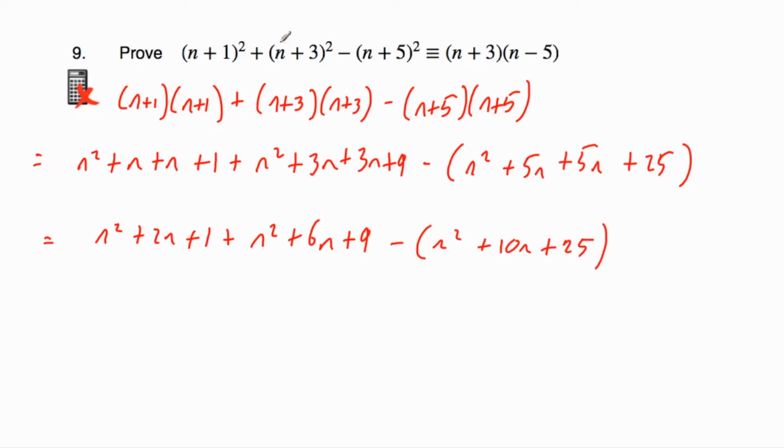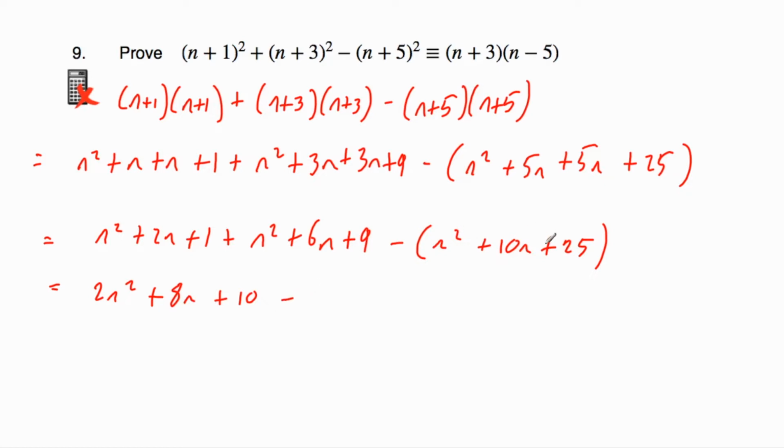So we've expanded our three brackets, and we've got n² + 2n + 1, then plus n² + 6n + 9, and then our takeaway, which I've put in brackets, n² + 10n + 25. Now let's simplify. I'm going to do the additions first. n squared plus n squared is 2n squared, 2n plus 6n is plus 8n, and 1 plus 9 is plus 10.